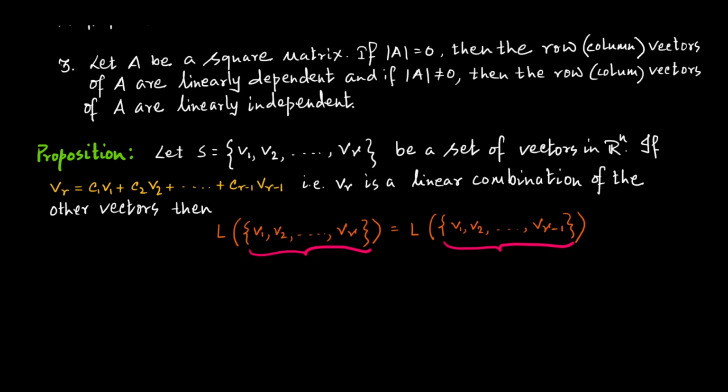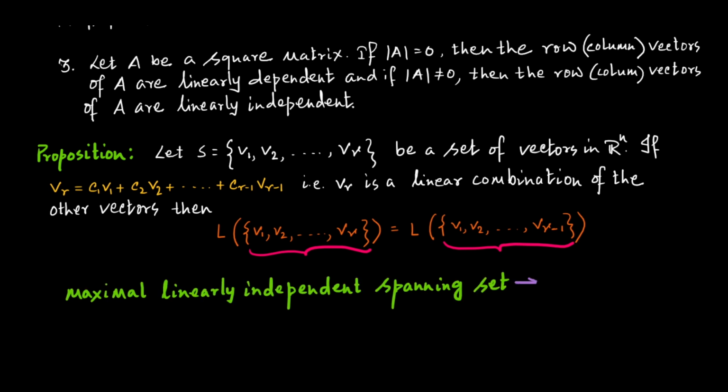Therefore, to arrive at the most efficient spanning set, find and eliminate any vector that is a linear combination of the others. Or in other words, find the maximal linearly independent spanning set.